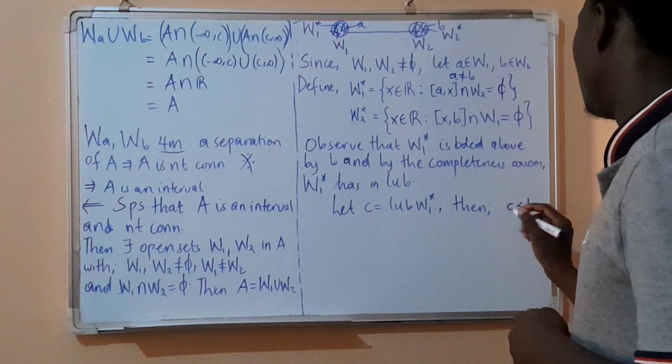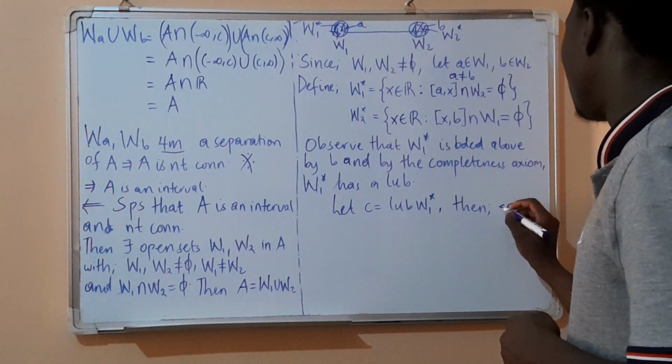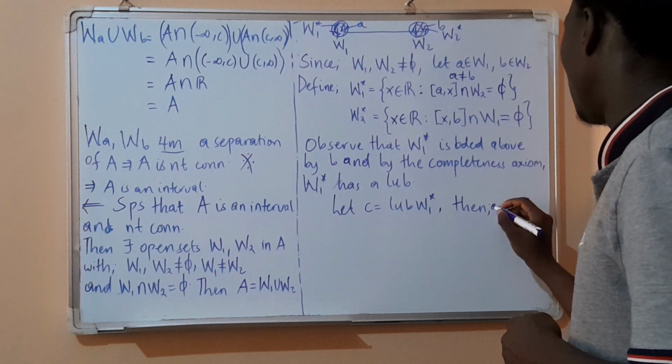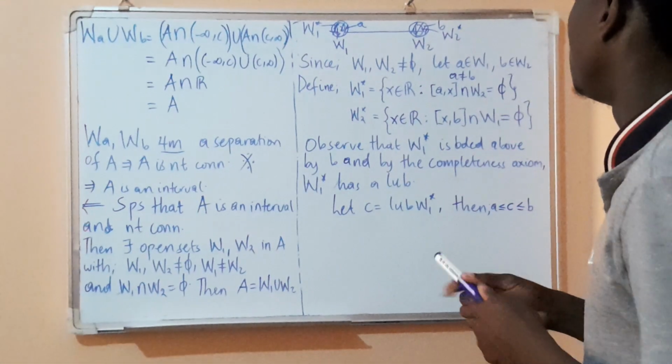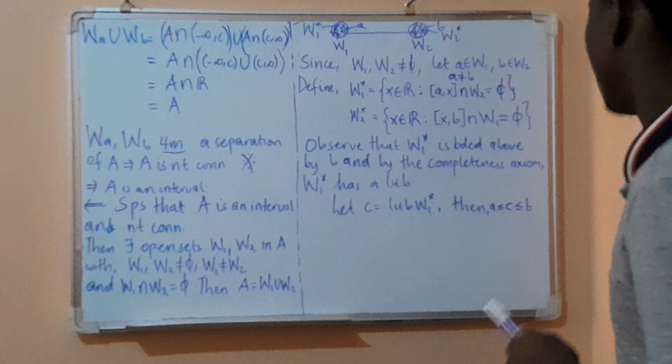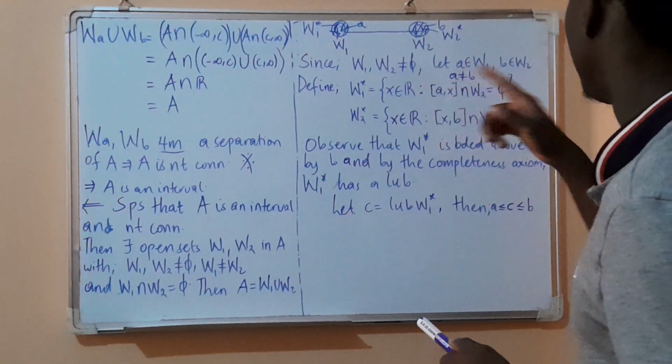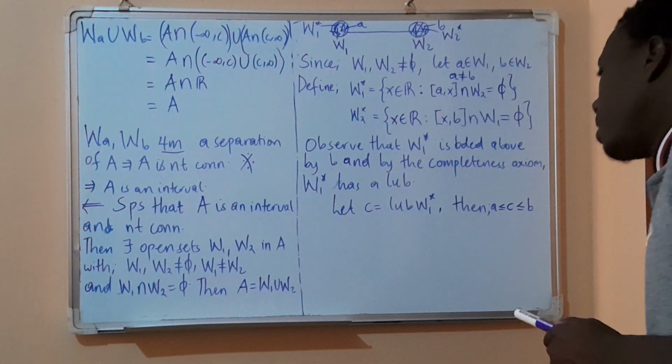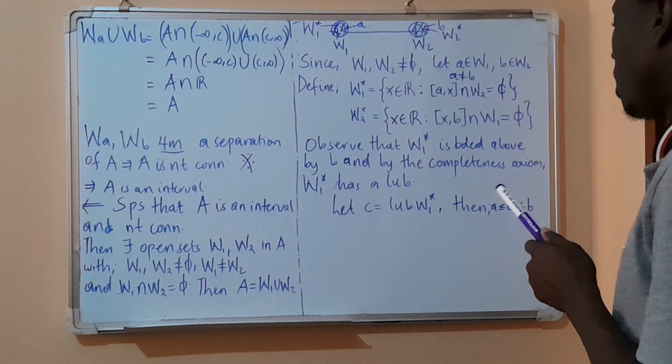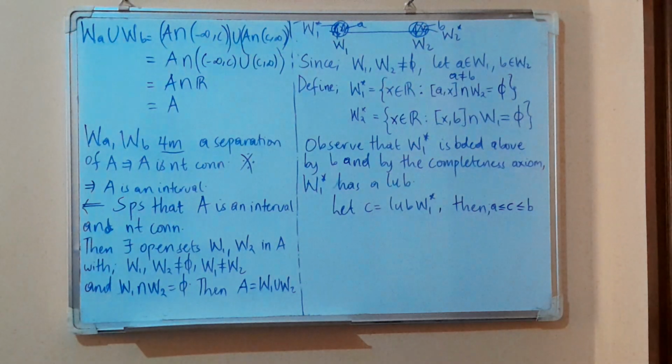And C should be greater or equal to A, since A is an element in W1 star, and all elements in W1 star should be less or equal to C. So that's what we are having.